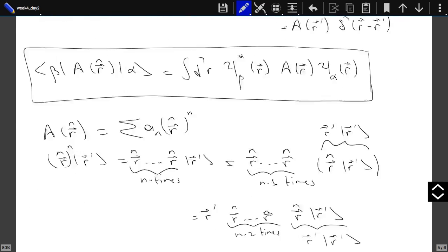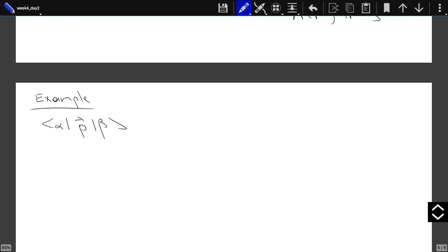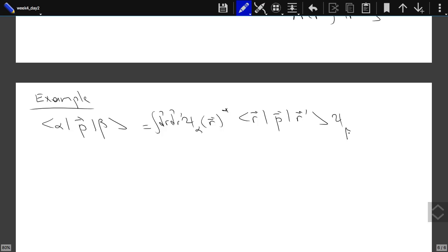So it will be just equal to the integral d cubed r prime of psi alpha of r star, r p, r prime, psi beta of r prime.